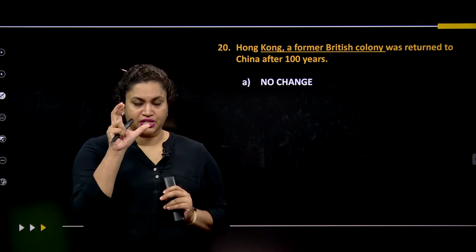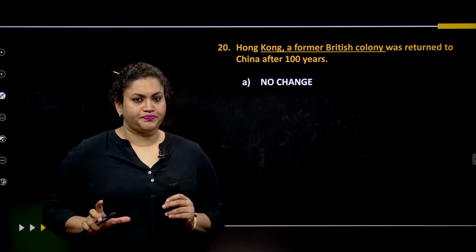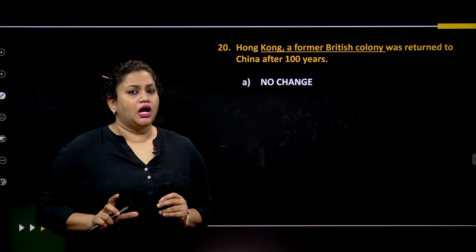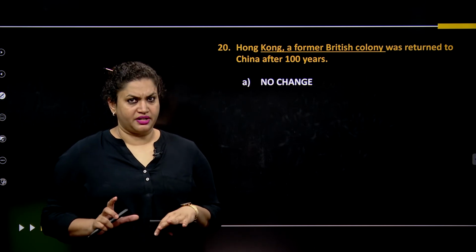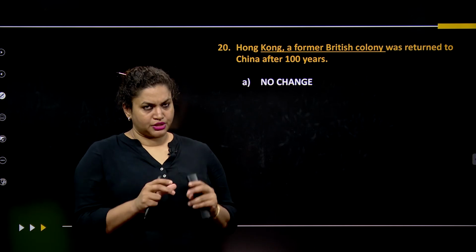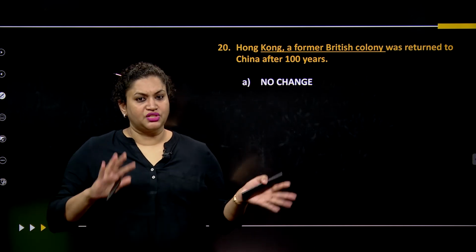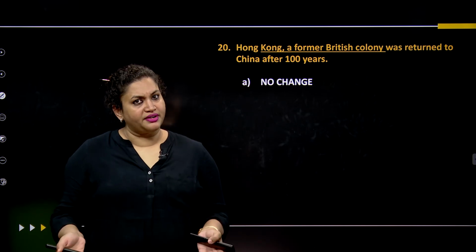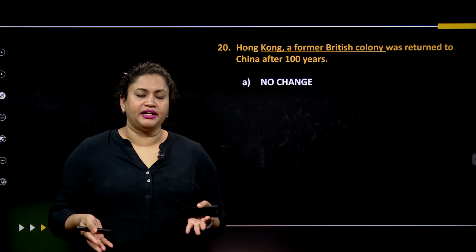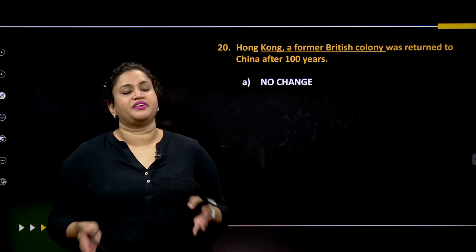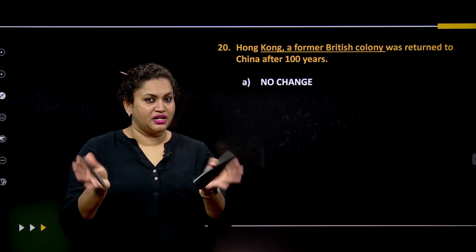A former British colony, if I remove that part, Hong Kong was returned to China after 100 years. That means a former British colony is an aside. I have to put a comma there. Makes sense. A former British colony is an aside. If it is there also, it does not matter. If it is not there also, it does not matter. It gives only additional information.